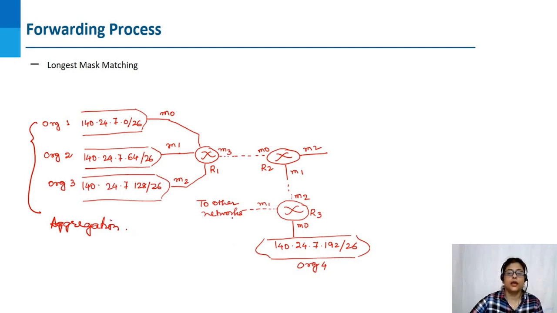Now what if we have a destination, let's say 140.24.7.200. If this is the destination address, how to properly go to organization 4? So for that purpose, let us switch back to the router R2.